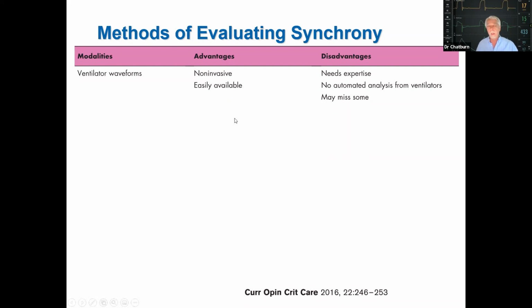Some ventilators will allow you to do screenshots or even export waveforms that you can analyze offline. The disadvantage, of course, is that it needs expertise, the kind of expertise that we're talking about today. Currently, there is no automated analysis for ventilators that I am aware of, but there are software packages being developed as standalone, and certainly someday we're going to see this built into ventilators.